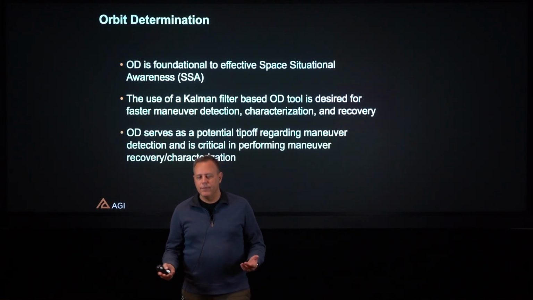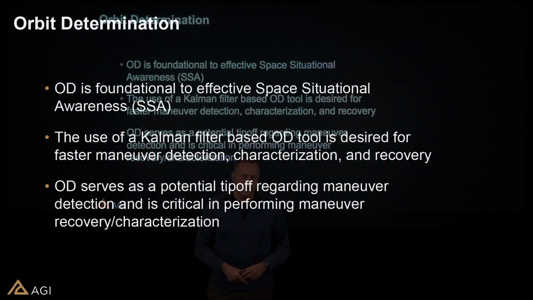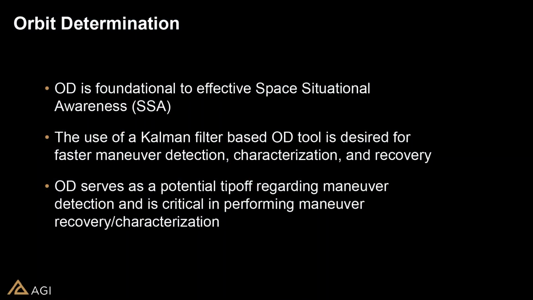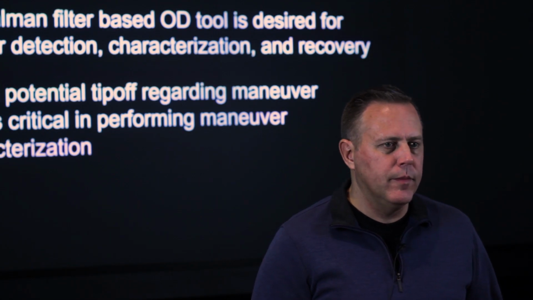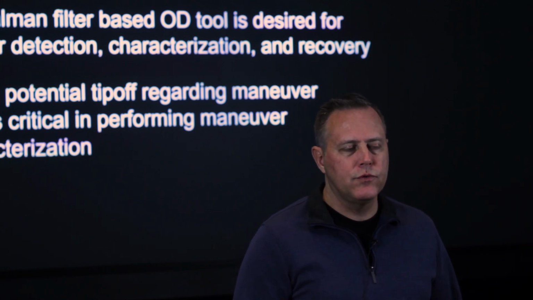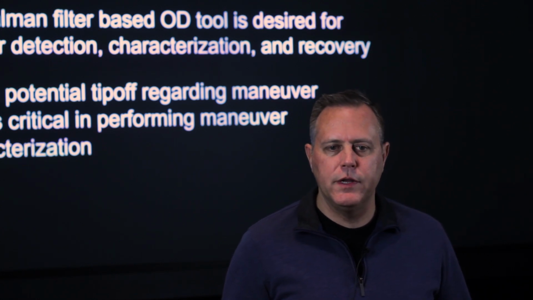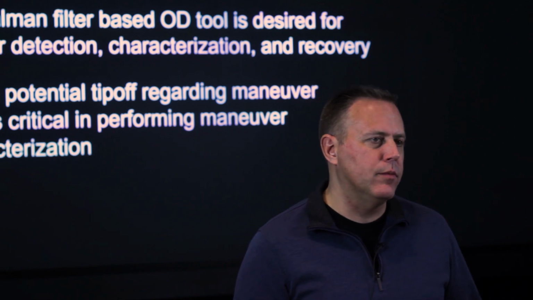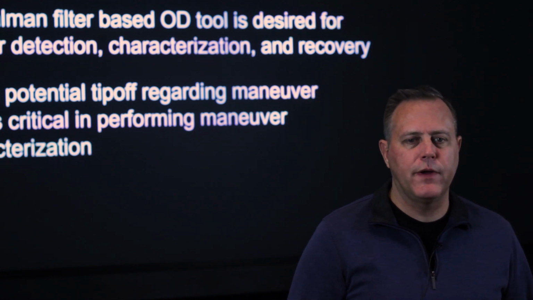Orbit determination is fundamental to effective space situational awareness, and so having an accurate OD solution is a baseline capability that you need to have for SSA. What we've found to be most effective is to use an extended Kalman filter or optimal sequential filter to do the orbit determination, because that allows us to handle the maneuver problem much more effectively.